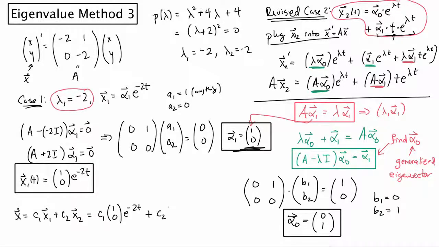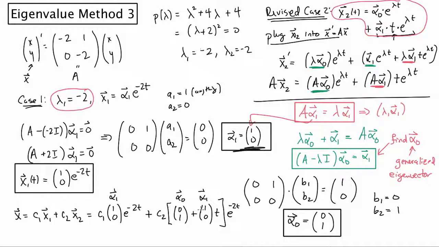It's going to be of the form (alpha naught plus alpha 1 t) e to the lambda t. So alpha naught is 0, 1, plus alpha 1 is 1, 0, times t, e to the lambda t, but lambda is negative 2, so e to the negative 2t. So the form of the solution is c1 alpha 1 plus c2 (alpha naught plus alpha 1 t) e to the negative 2t.